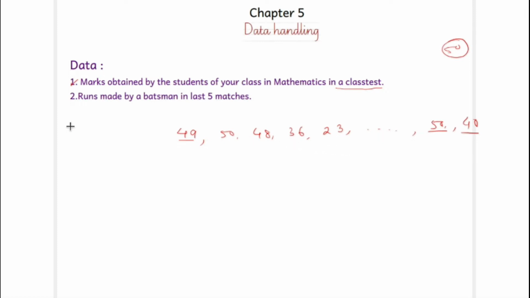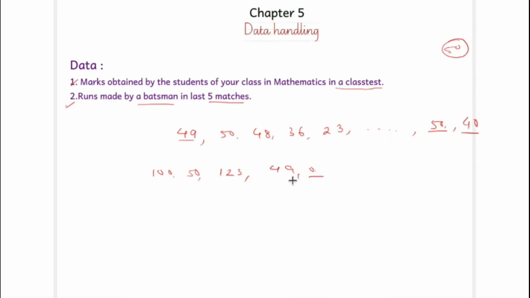Now number 2, runs made by a particular batsman in 5 matches. Obviously a particular batsman will not make centuries in all 5 matches. Maybe he will, but it is not always possible. Maybe he has made a century in the first match, then a half century in the second, then more than 100 runs in the third match, maybe 49, and then maybe 0 also, where he got out of the match.